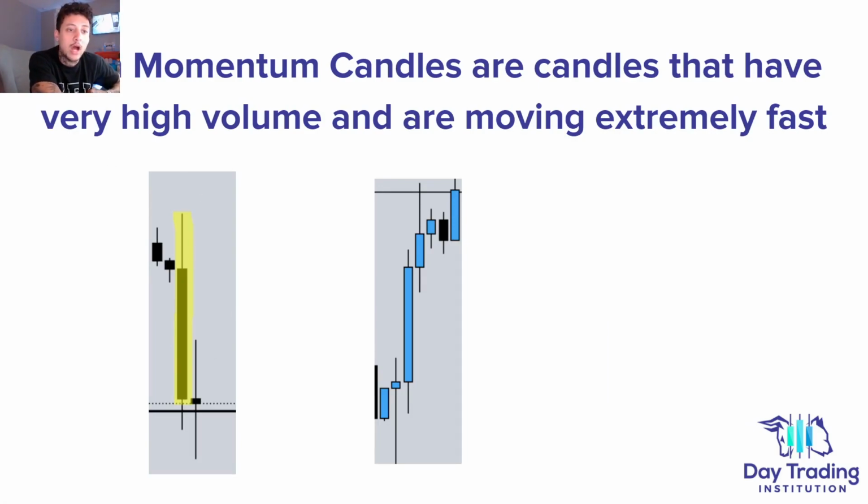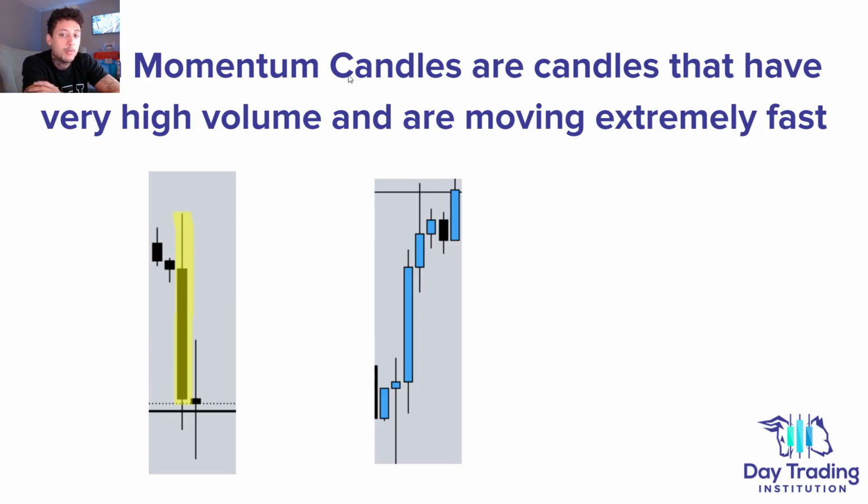But now when it comes to high momentum, it's the same exact thing we just went over with low momentum, except it's the opposite. Sometimes, like I said previously, you're going to see momentum be fairly slow and then things just randomly pick up when the market sessions start to open, such as the London or the New York session.